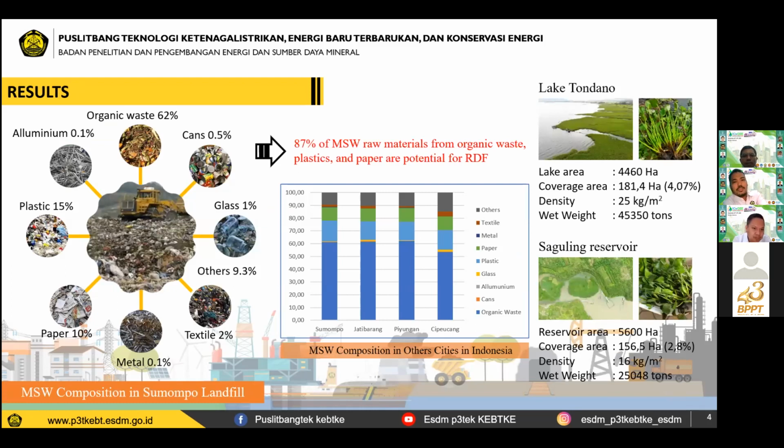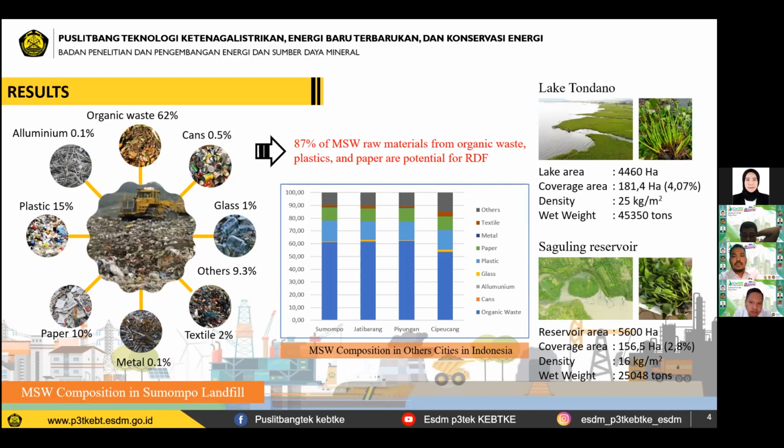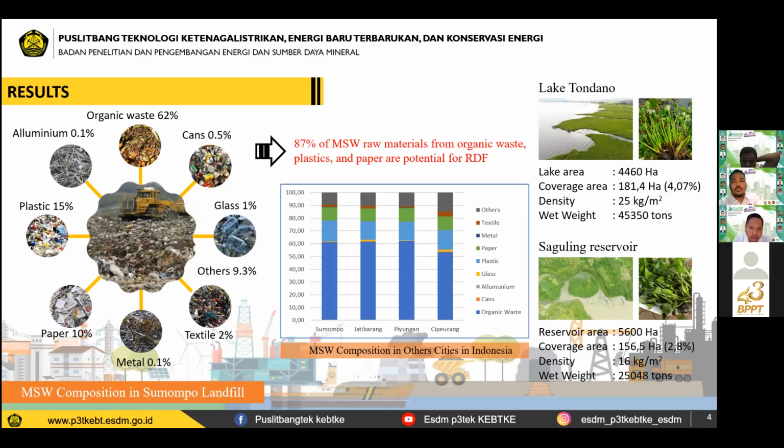This picture shows that the composition of municipal waste in the Sumompo landfill is still dominated by 62% organic waste, followed by plastic 15%, paper 10%, clothes or textile 2%, glass 1%, and others.